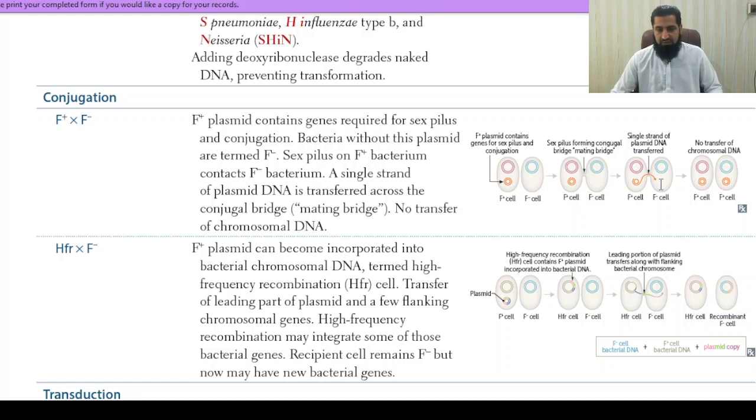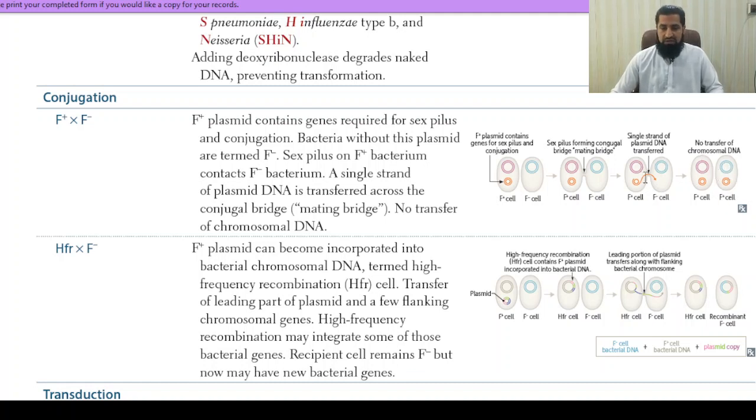What happens? The plasmid transfers part of its material into the F negative cell. A single strand of the plasmid DNA transfers into the F negative cell, and after conjugation, this F negative cell also converts into an F positive cell.